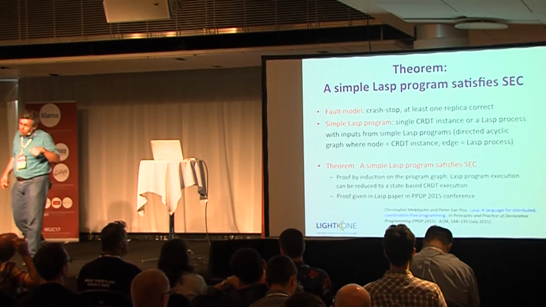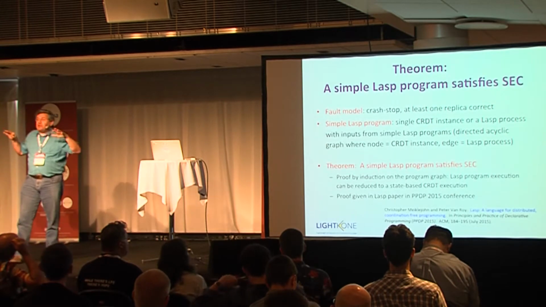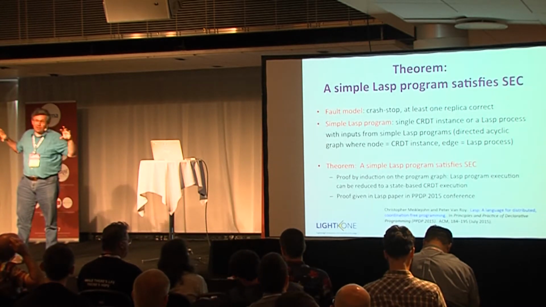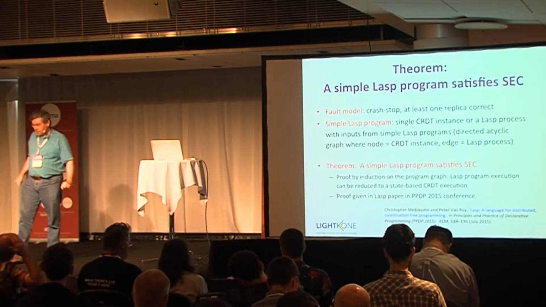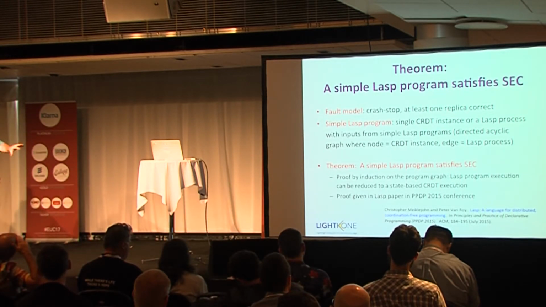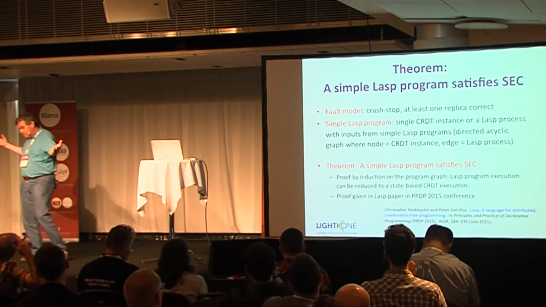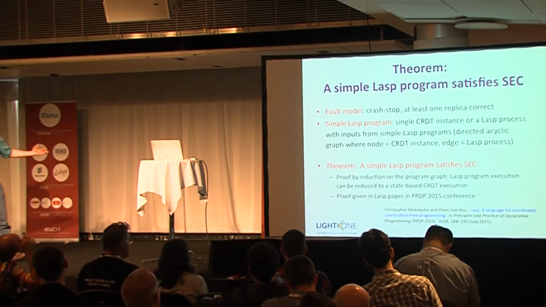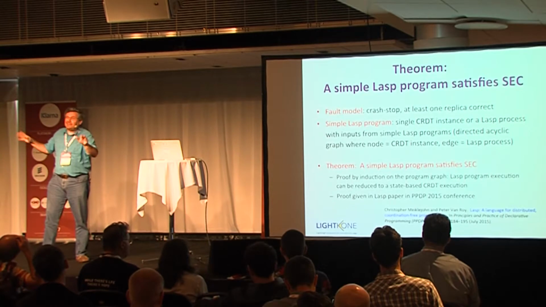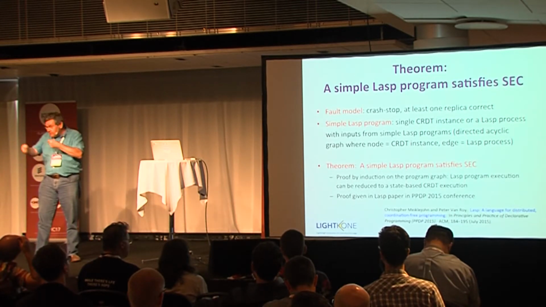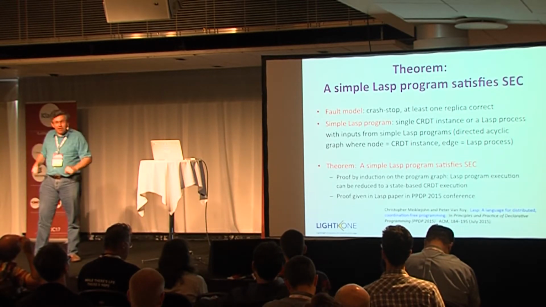And a simple LASP program is basically just an acyclic graph of data structures and processes. Of course, that's a very trivial kind of program. So far, we don't have loops yet. That's pretty bad, right? So we're working on it. Things are coming. But it requires kind of clever metadata computation.